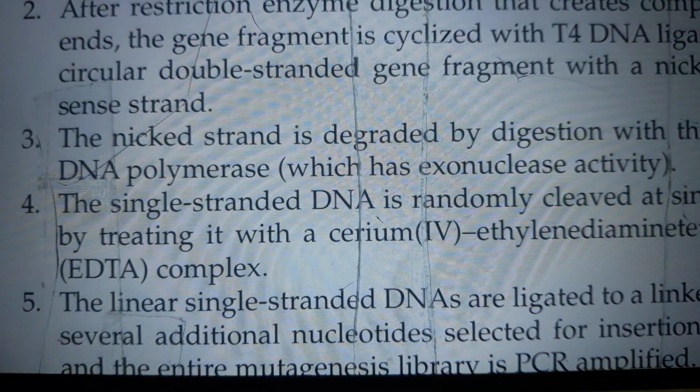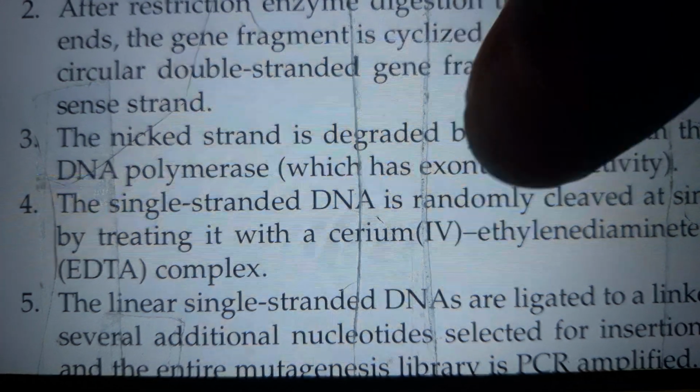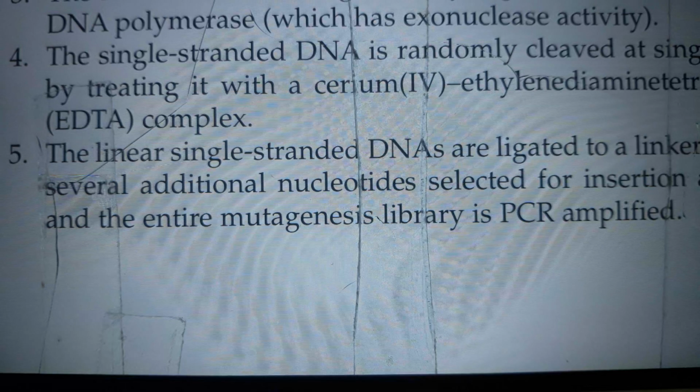After restriction enzyme digestion, which generates compatible sticky ends, the gene fragment is cyclized with T4 DNA ligase to create a circular double-stranded gene fragment with a nick in the antisense strand. The nicked strand is degraded by digestion with the enzyme T4 DNA polymerase, which has exonuclease activity.